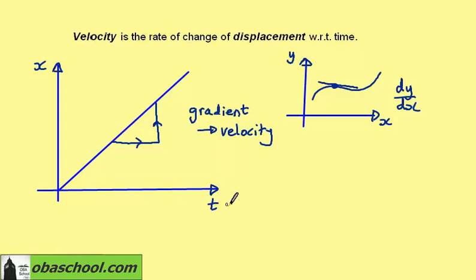Here, the gradient must therefore be dx/dt, and as discussed, dx/dt is going to be the velocity. So when we say that velocity is the rate of change of displacement with respect to time, what we mean is that v is equal to dx/dt.